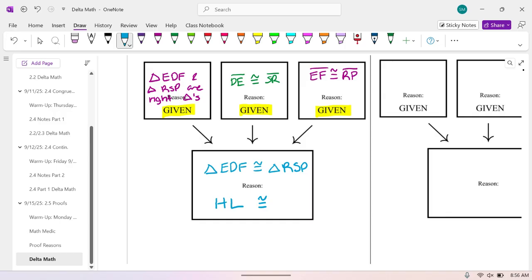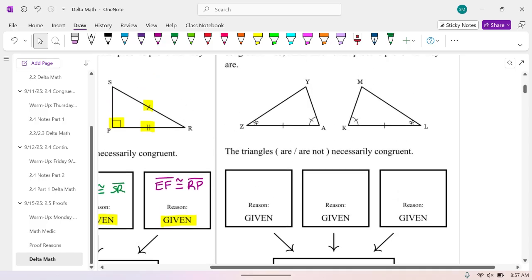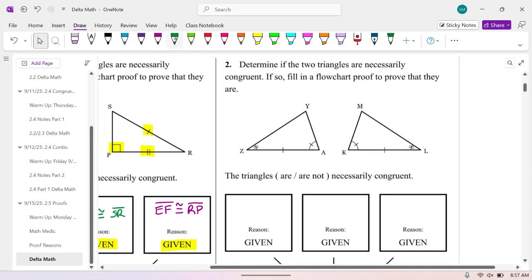All right. You guys want to do another one that's similar to this, or think you're okay with the simple one? Okay, try number 2 on your own. So it's very, very similar. We're going to say that they are congruent.